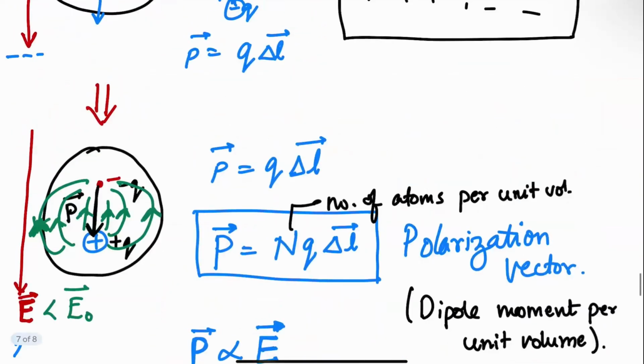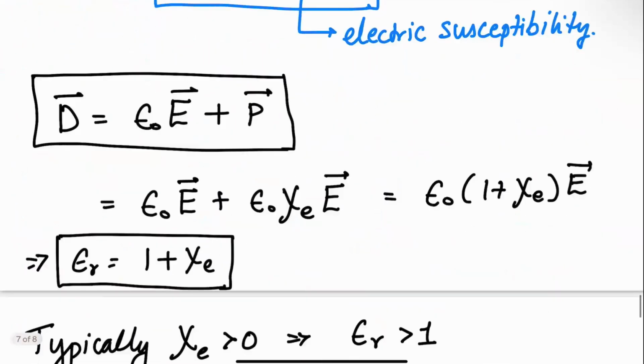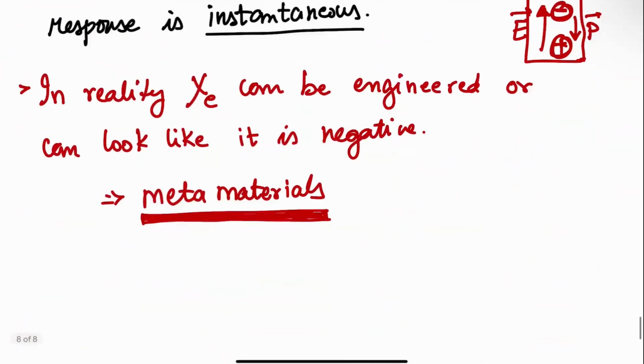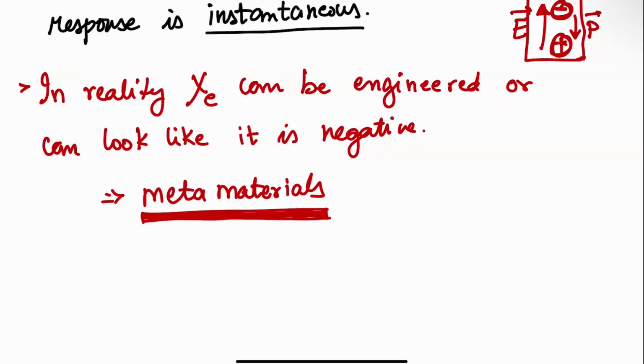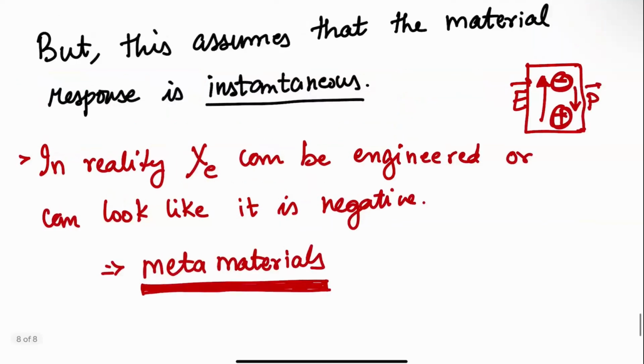Typically you expect epsilon r to be greater than 1, but you can make epsilon r less than 1 or even less than 0 when you design or engineer them to behave in these weird ways. These are called metamaterials. We'll look at them more later in the class, but that's just an introduction.